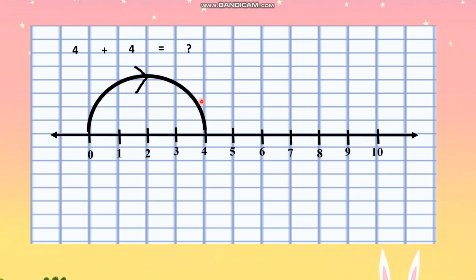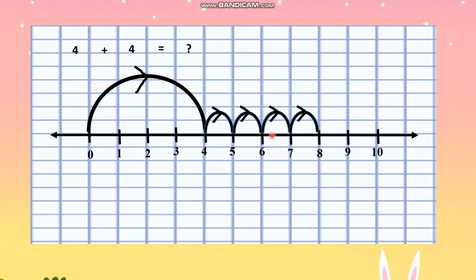Okay. So let us jump. Jump means we will form a curve. So I have done 1, 2, 3 and 4. So you will form it with your pencil. Okay. 1, 2, 3, 4 and you will also draw this arrow.